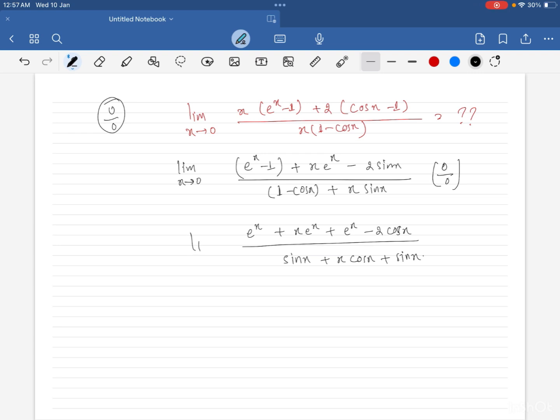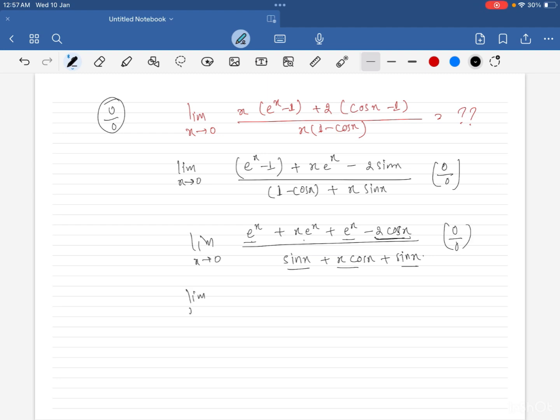Now if we put limit x tends to 0, that will be 1, 0, 1, and this is again going to be, I think, 0 by 0 form, because this is 1, 1 and minus 2, so that is 0, so 0 and 0 and 0, so this is again 0 by 0 form.